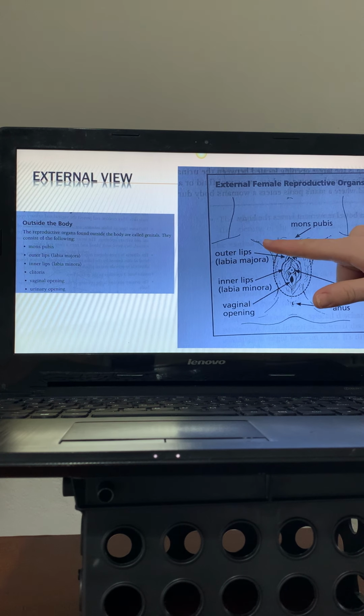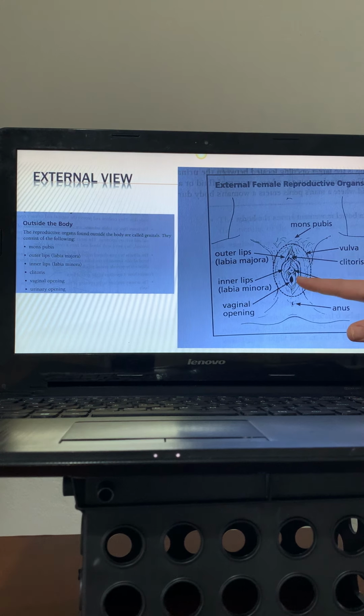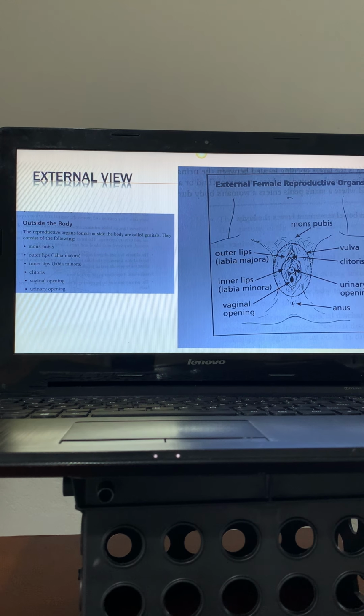At the very top of the female, you have something called the mons pubis, and we'll talk about what it does in just a second. Next, we have a set of outer lips and a set of inner lips. The outer lips are called the labia majora, and then we have the inner set, which are the labia minora. And then we have the clitoris, which is located underneath the clitoral hood, and the clitoris is full of nerve endings.